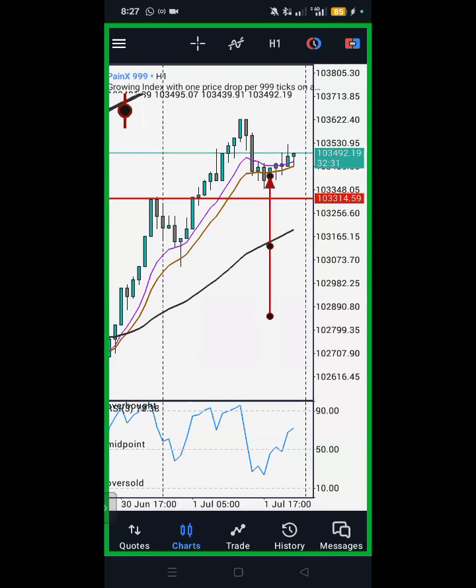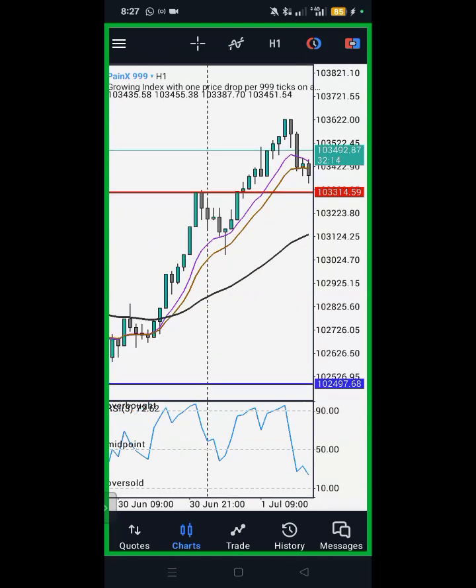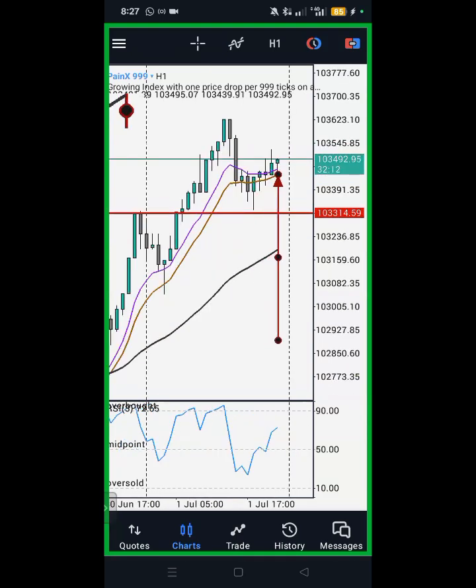You just buy. We can also buy because this candle has formed here. You're supposed to have entered here. And then we see them leaving wicks. The wicks are falling below the two moving averages. We see this candle forming here, giving us an idea that this market is going to go up.